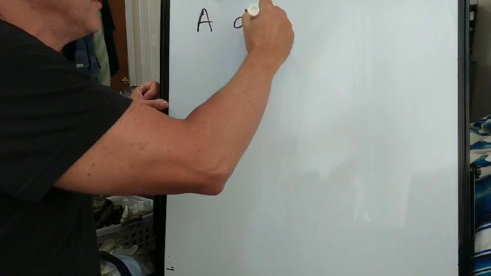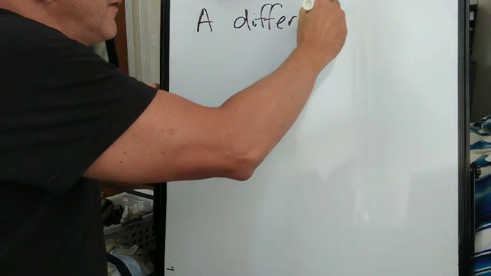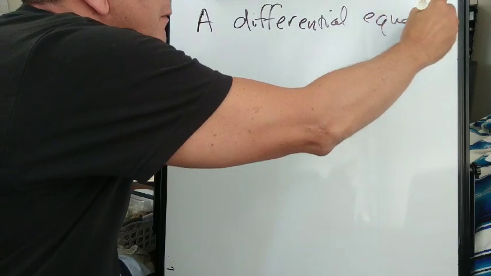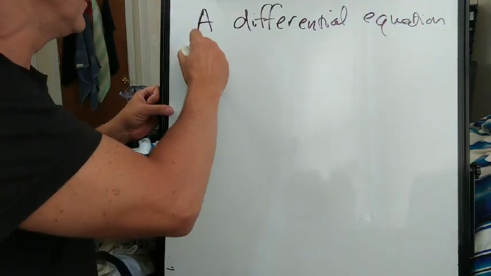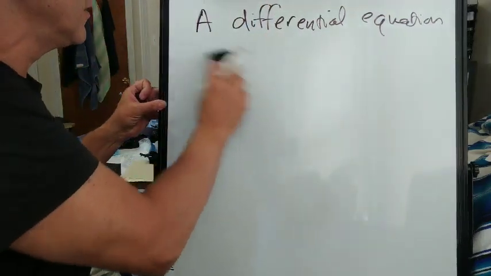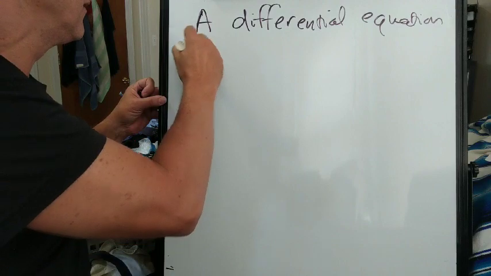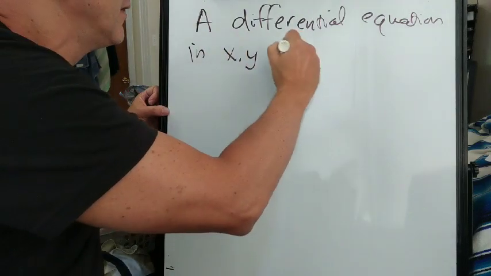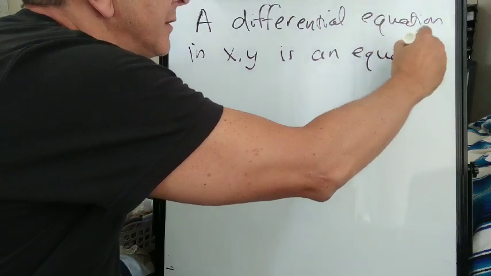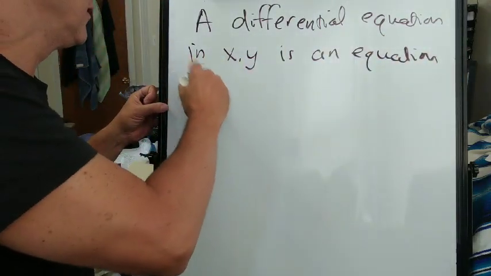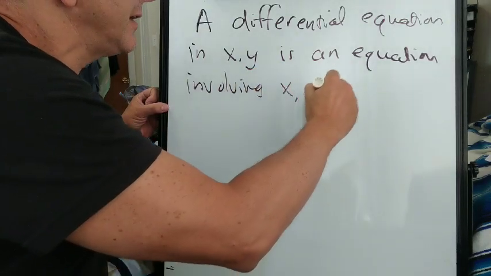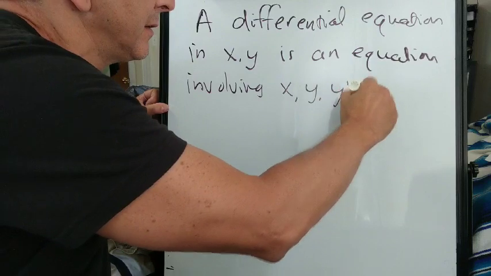So a differential equation, let's say in x and y, is an equation involving x, y, and derivatives of y.